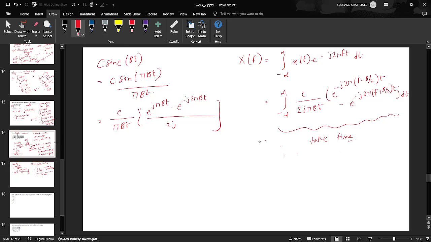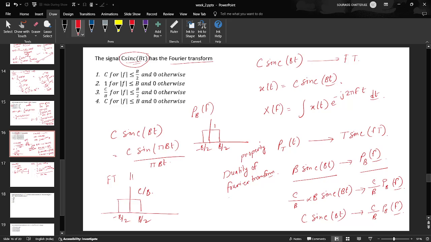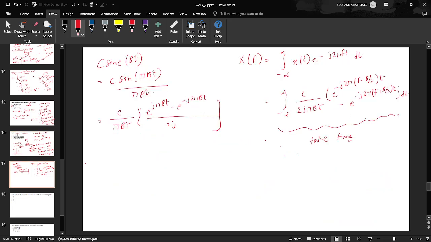That is why it's much easier to use the duality property of Fourier transform to obtain the frequency domain representation of the signal, because if you proceed to compute the integration and all that, it will take a lot of time.